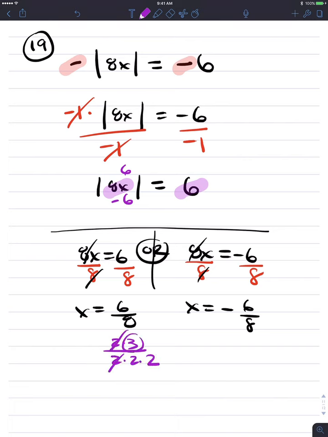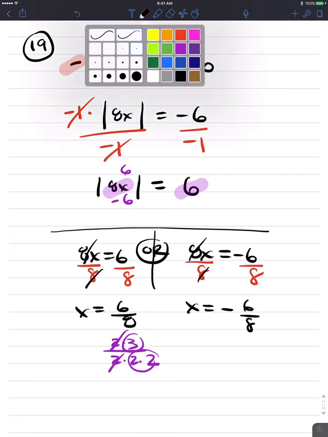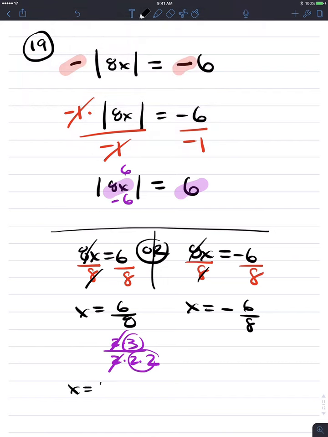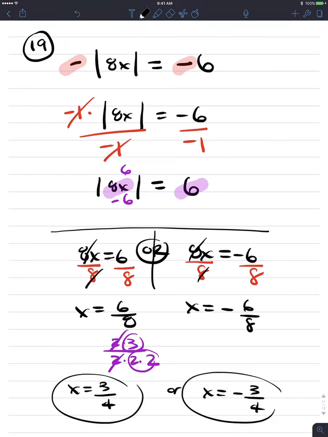So my 2 and my 2 cancel, and we're left with just 3 over 4. And that's the answer we get for both, 3/4 or negative 3/4. These are my solutions. So the solution set will be 3/4 comma negative 3/4, and we're done. Number 19.